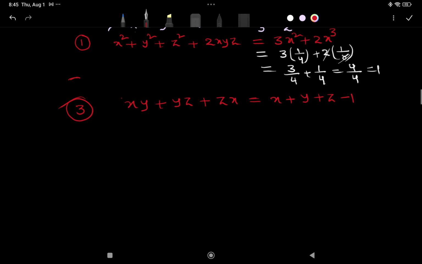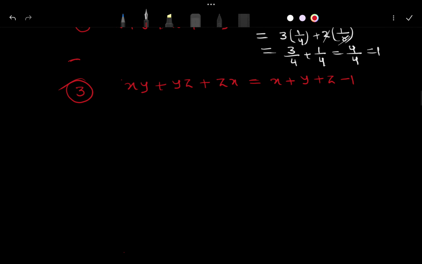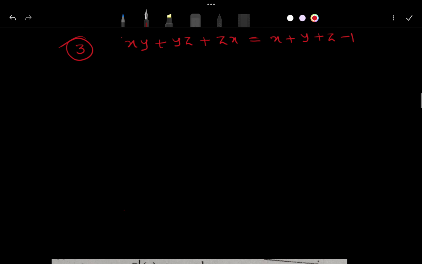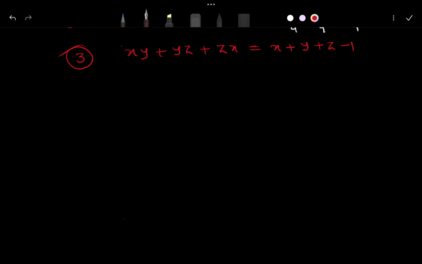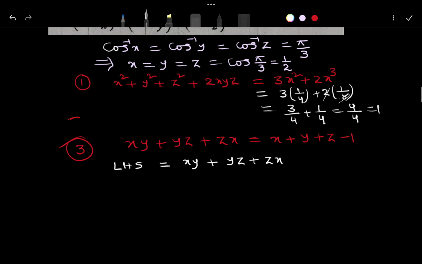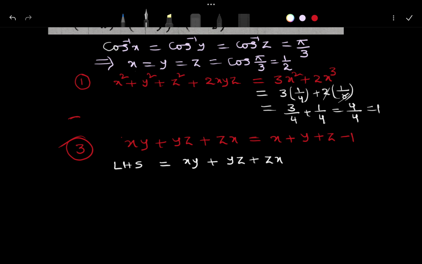Now you will check whether this is satisfied or not. All of you see this one. Here, what is the LHS value? LHS is x into y plus y into z plus z into x. What are the x, y, z values? X, y, z values are all equal to 1 by 2.